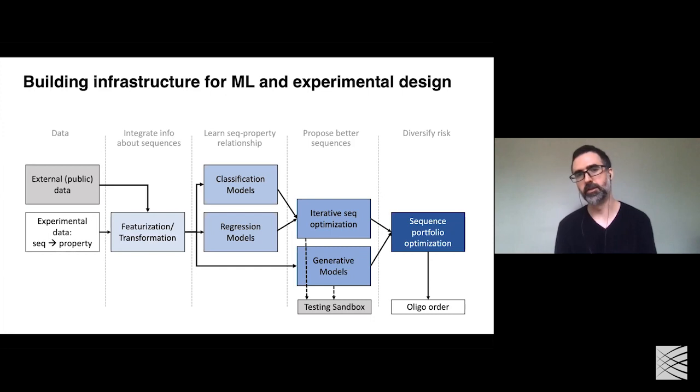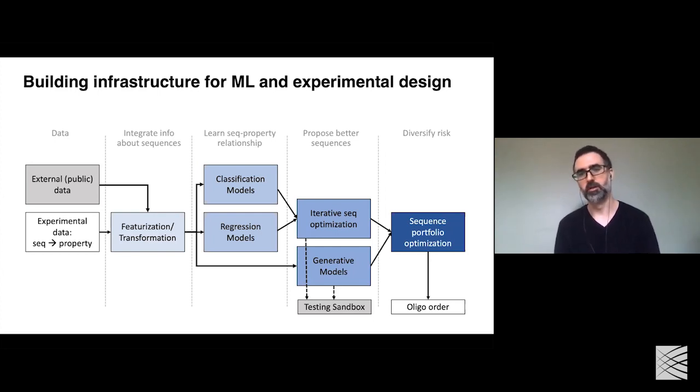Train a variety of models on that. I've talked about in this talk primarily the classification models, viable or inviable for production, but you can also do regression models, for example, on the efficiency of delivery into a target organ like the CNS. From those models then to do this iterative optimization, that's what Sam mentioned as these in silico experiments, trying to design the best variants.